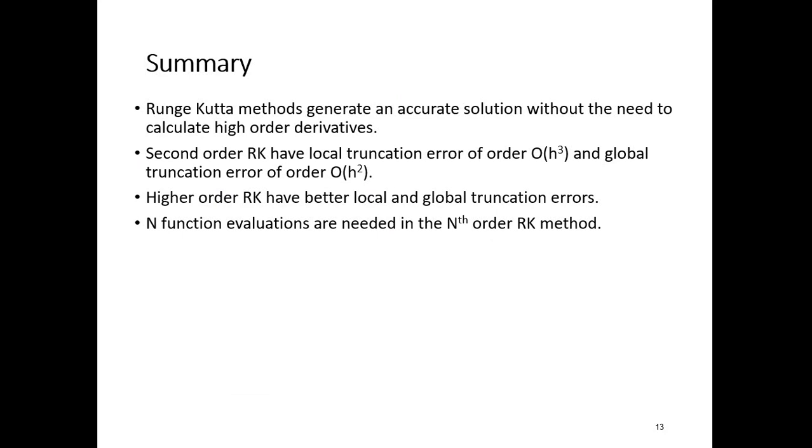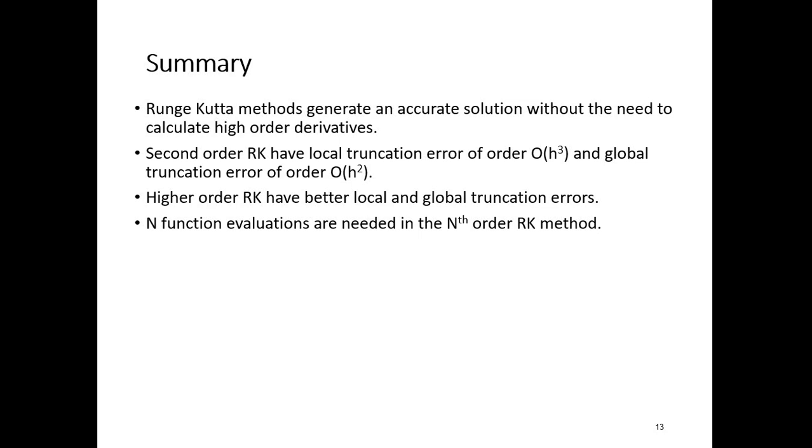So in summary, the Runge-Kutta method generates an accurate solution without the need to calculate higher order derivatives, and the second order Runge-Kutta method has a local truncation error of h^3 and global truncation error of h^2.